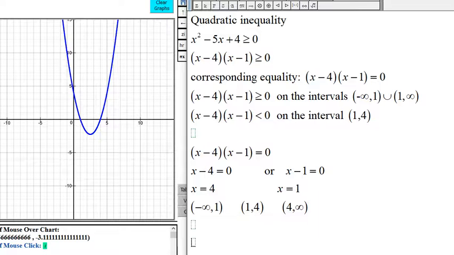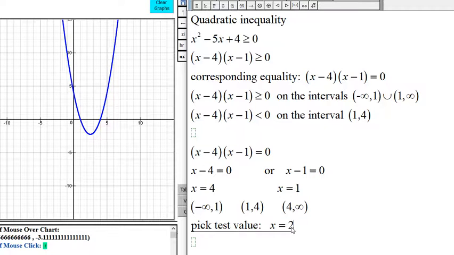And then what we do next is pick one value from each interval. We pick test values and test each one. For example, for the first interval, a number inside this interval would be x equal to 2.